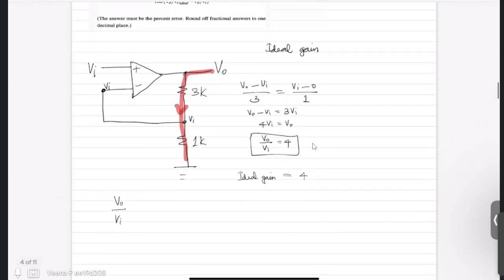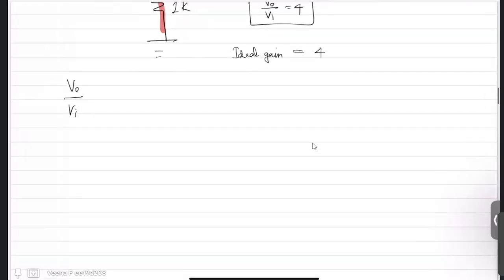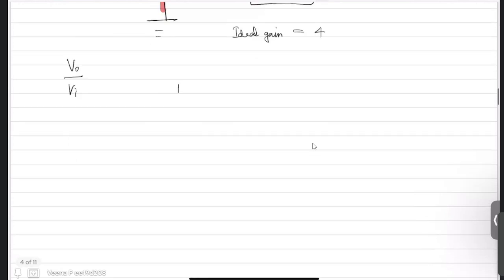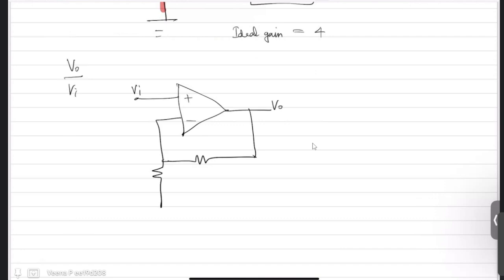So then you can redraw the circuit. So this is your Vin. This is your Vout.